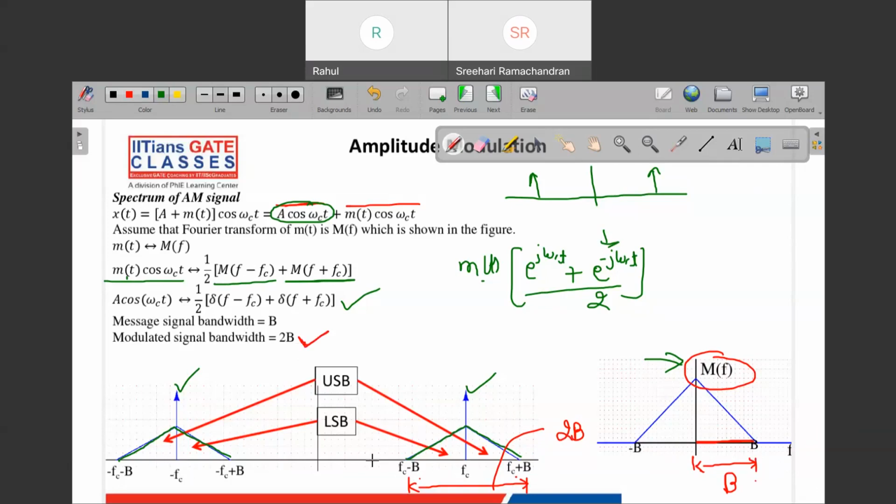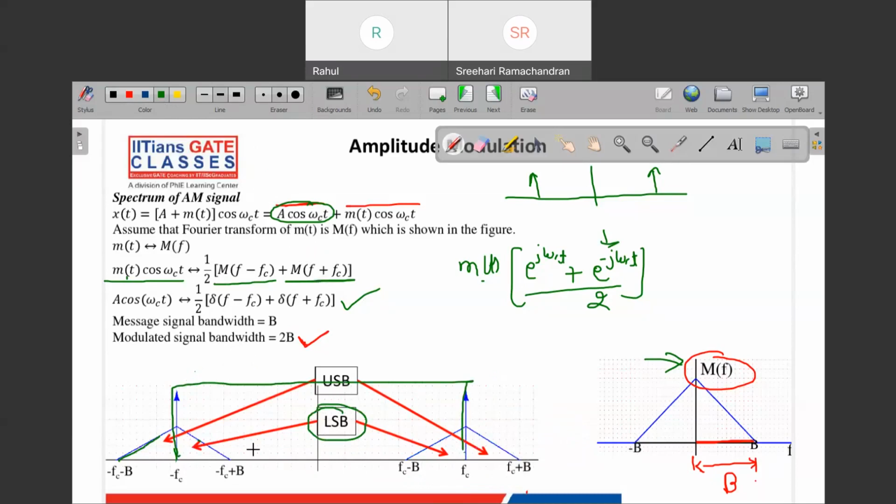Now, if you see this signal, we have two lobes here. One is below fc, and another after minus fc. Let me just draw it again. So you just draw this rectangle from minus fc to fc. Whatever is inside this rectangle, we call it the lower sideband, and whatever is outside this rectangle, we call it the upper sideband.